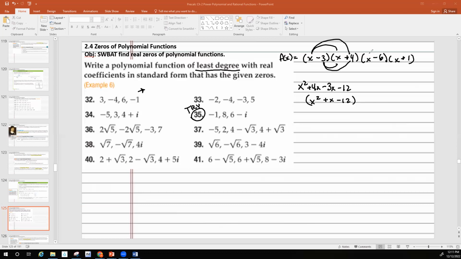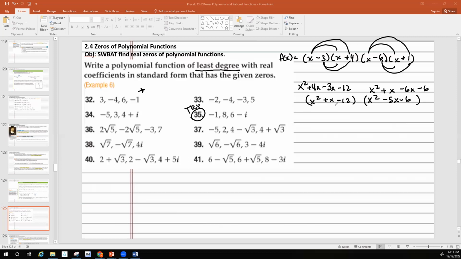And I'm going to multiply x minus 6 and x plus 1 also. So x times x plus 1, x times 1, negative 6 times x, and negative 6 times 1. So we have x squared plus x minus 6x minus 6, and simplify: x squared minus 5x minus 6.